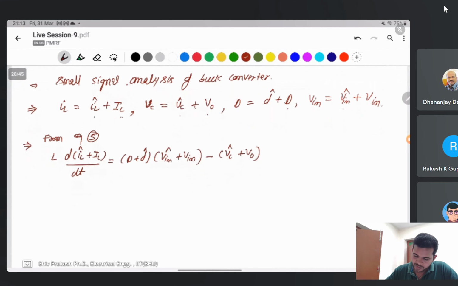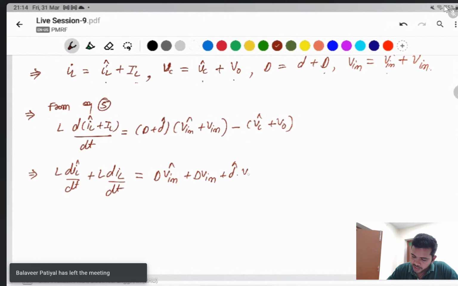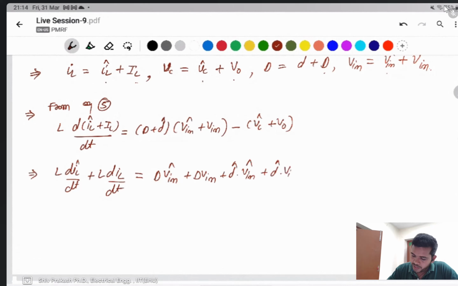L d IL cap by dt: we multiply this out, d V in cap plus D V in, after that d cap times V in cap plus d cap times V in, minus VC cap minus V naught.